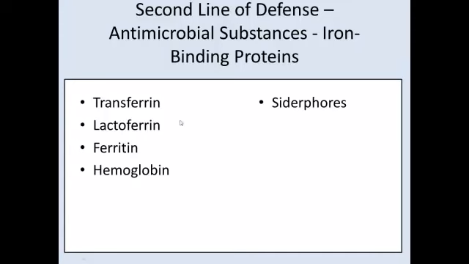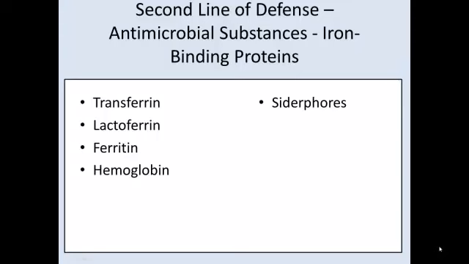Transferrin is a protein that carries iron around the blood. Lactoferrin carries iron within milk, tears, any secretions. So a mother can transfer iron to her growing baby.